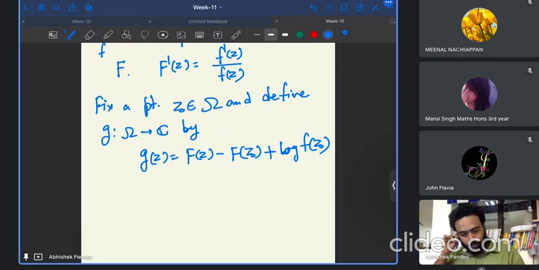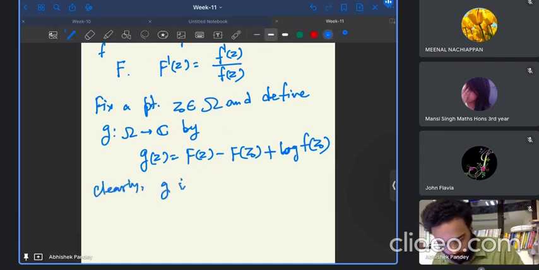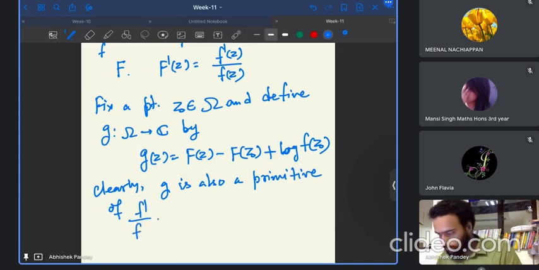So clearly g is also a primitive of f dash by f in omega.